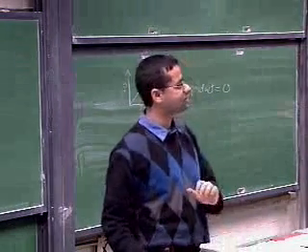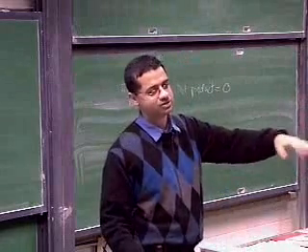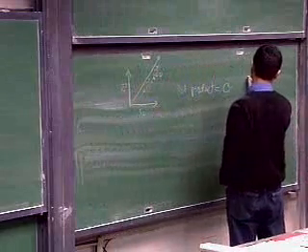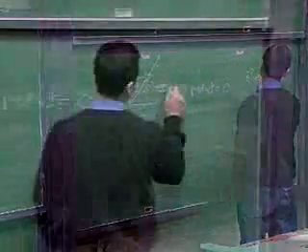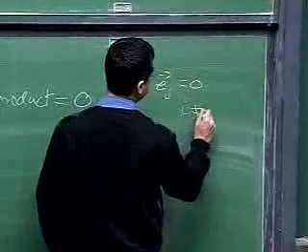So my vector is orthogonal to all of your vectors. Any of your vectors is going to be orthogonal to any other vector. So Ei dot product Ej is equal to 0, for i not equal to j.